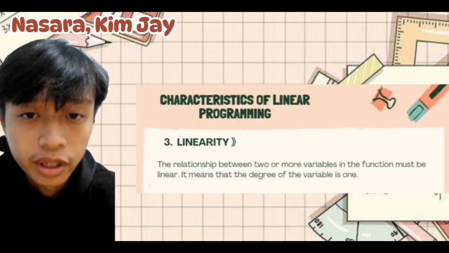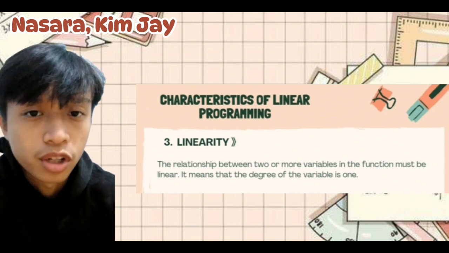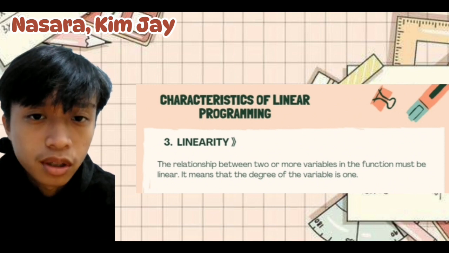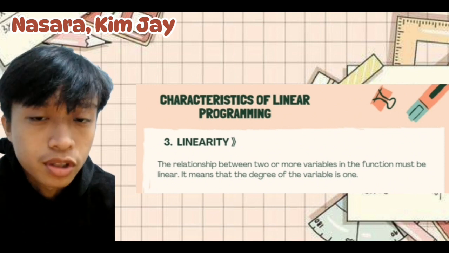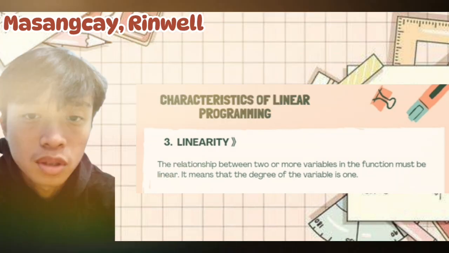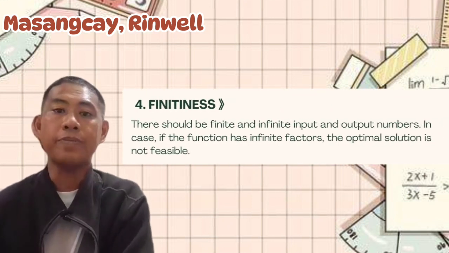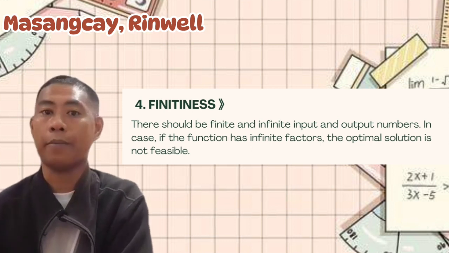Third is linearity. In the context of linear programming, or mathematics in general, it refers to a relationship that is linear. In a linear relationship, the output is directly proportional to the input, and the superposition principle holds good. Finiteness. There should be finite input and output numbers.